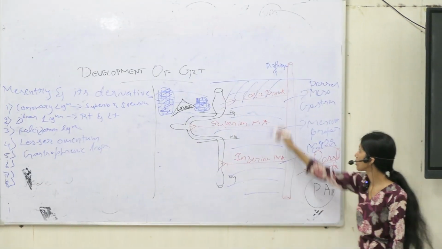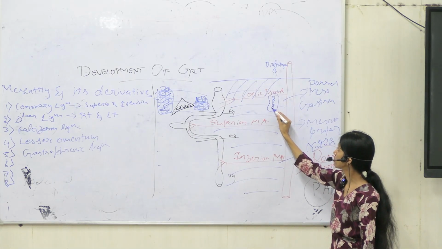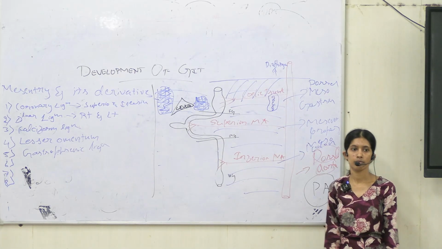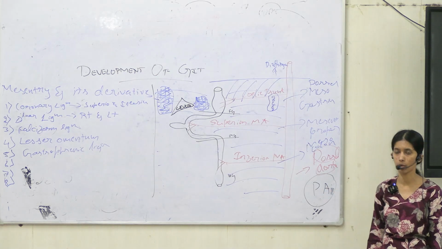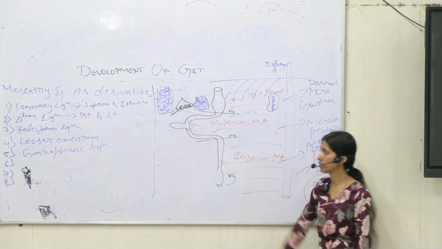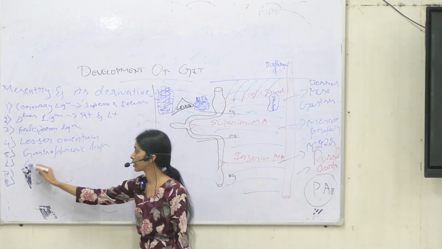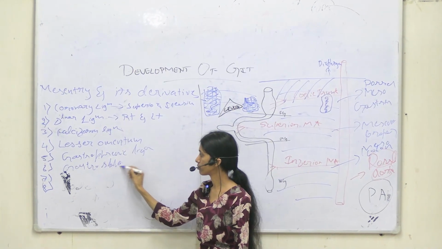In the posterior aspect, we can see the presence of the spleen. In the dorsal view, we can see the spleen. Between your stomach and your spleen, we can see the development of the gastrosplenic ligament.